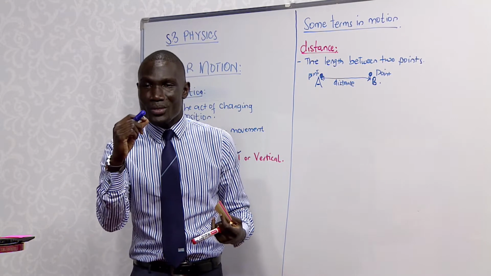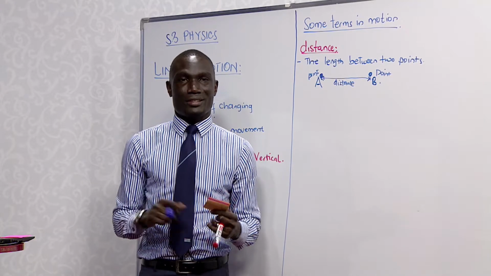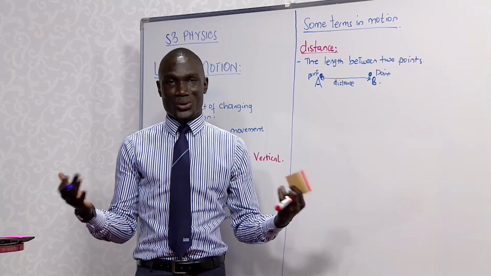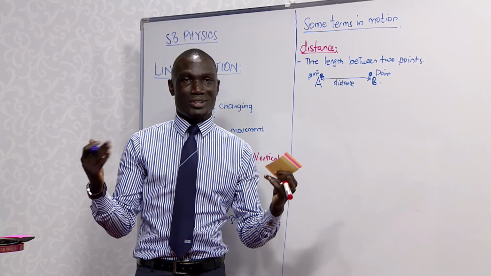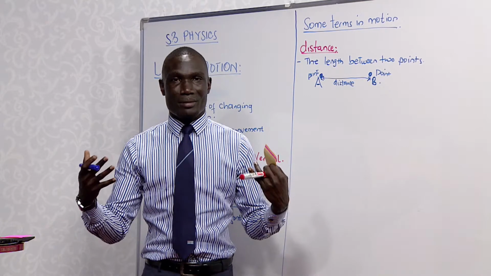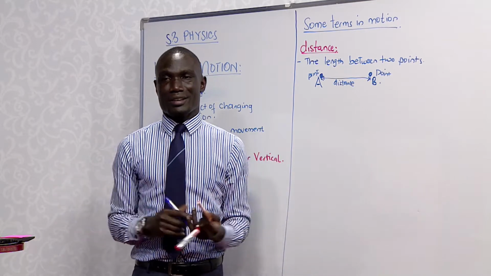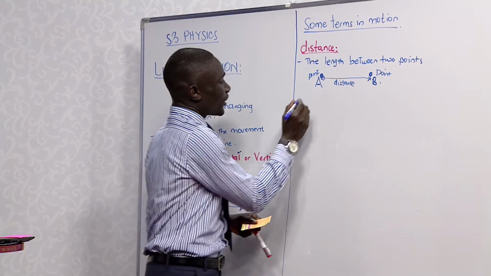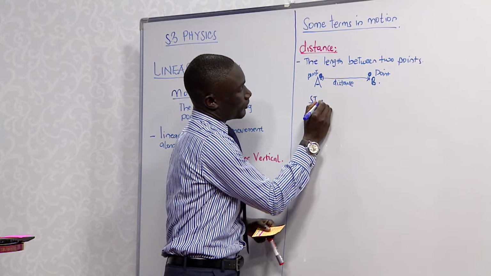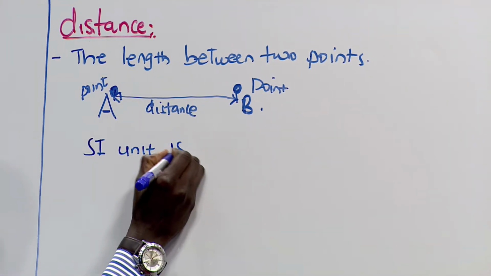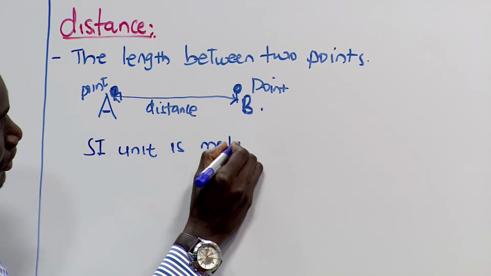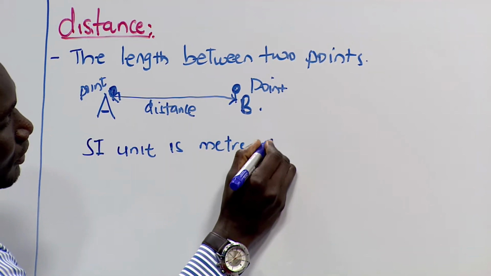Now, it is not enough for us to know what distance is. We need to know the unit, the SI unit of distance. And again, here I know you know this from primary school, senior one, where you discussed different quantities and their units. So the SI unit is the meter.